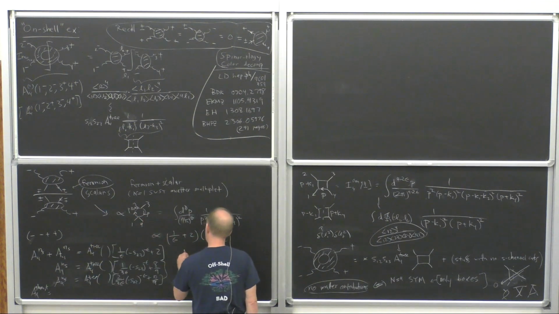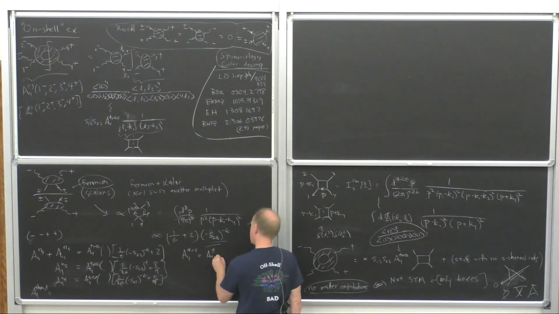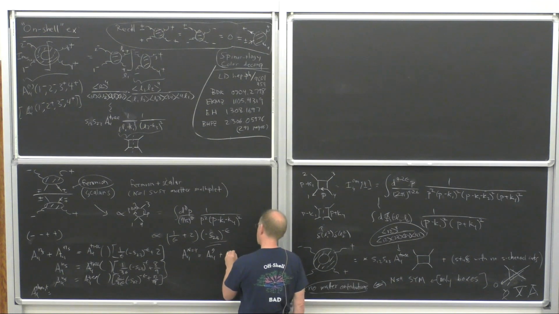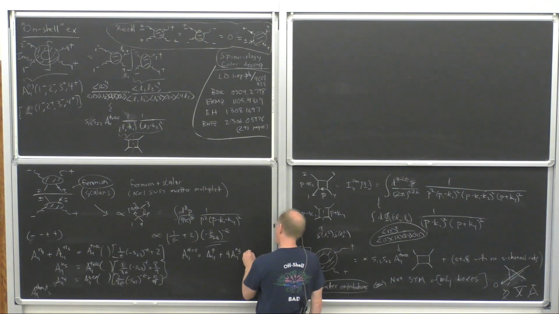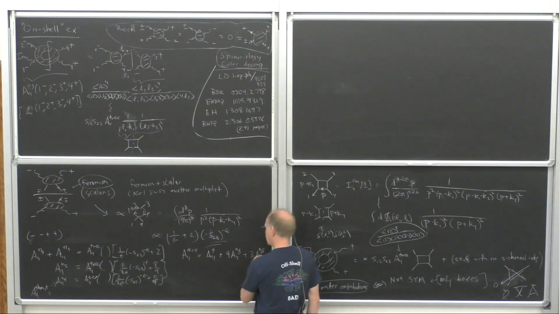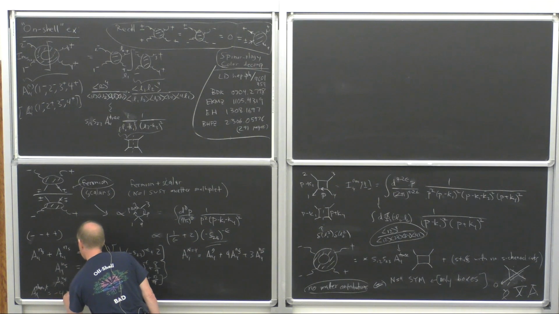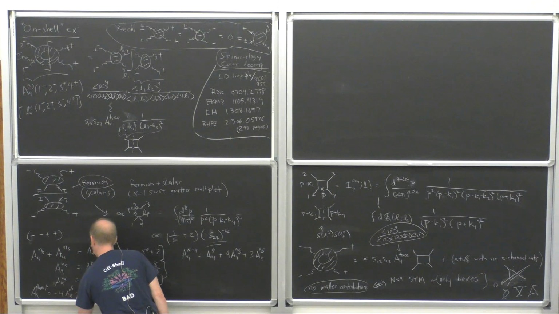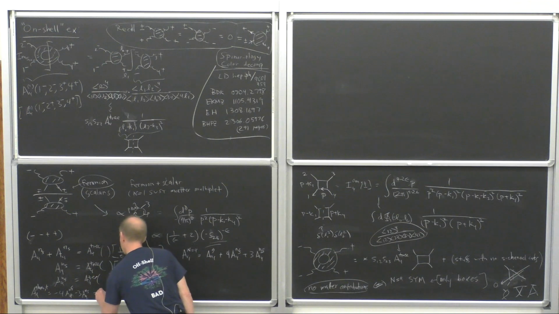N=4 super Yang-Mills has a gluon in it, and then it has 4 fermions, and then it has 3 complex scalars. Anyway, using that fact, you can rewrite this as minus 4 times the NF term, minus 3 times the NS term, and that turns out to be same overall factors.